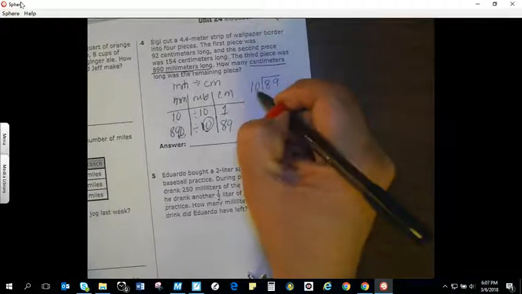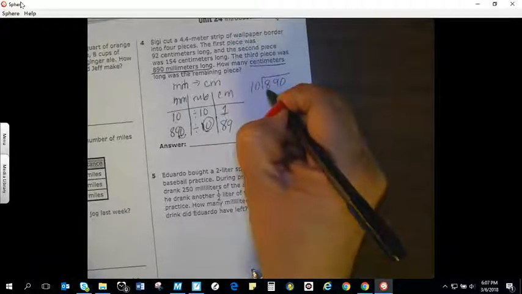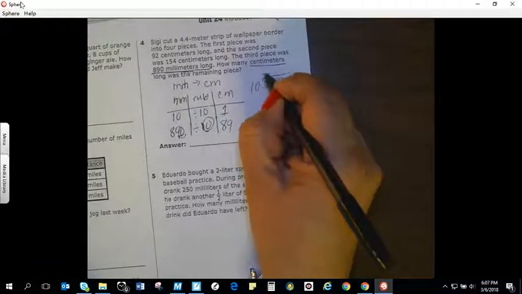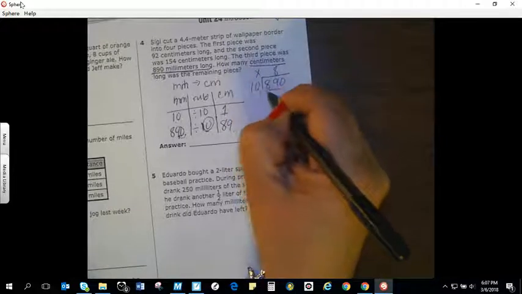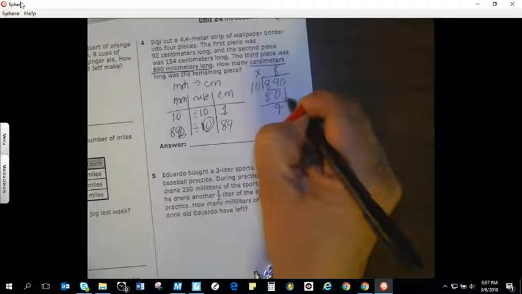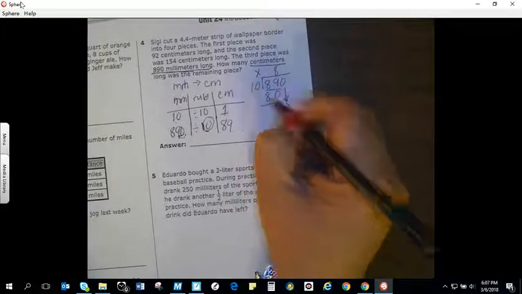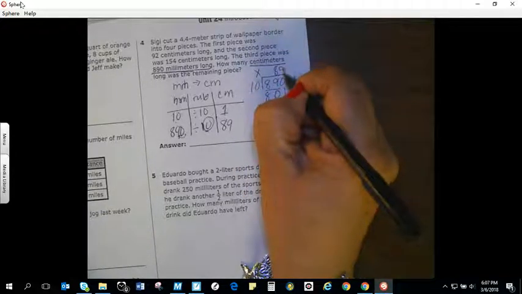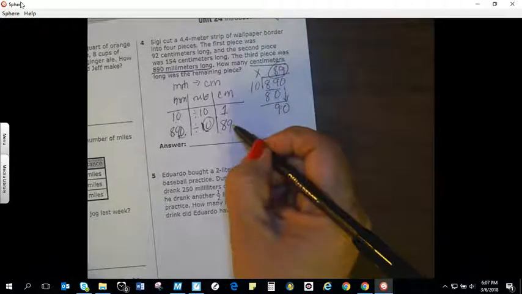So for those of you that weren't quite sure, I'm going to even do it this way. 10 goes into 8 0 times, 10 goes into 89 8 times, because 8 times 10 is 80. I'm going to bring down my 9, bring down my 0. 10 goes into 90 9 times. And so my answer is 89 centimeters.